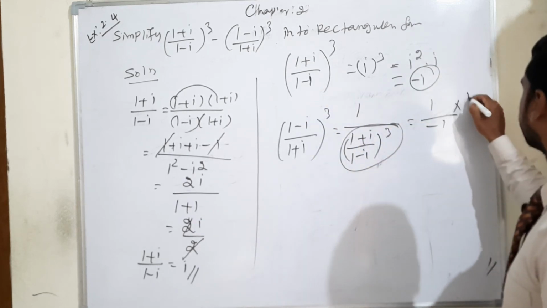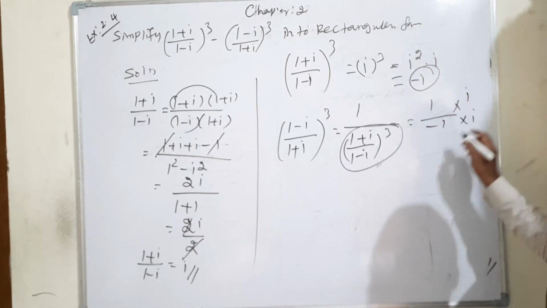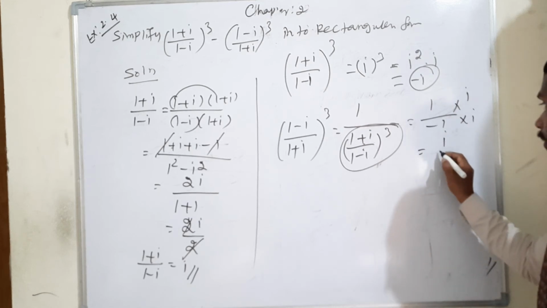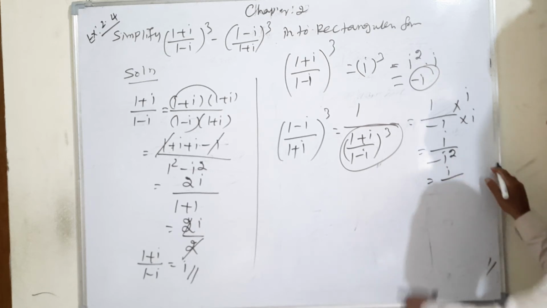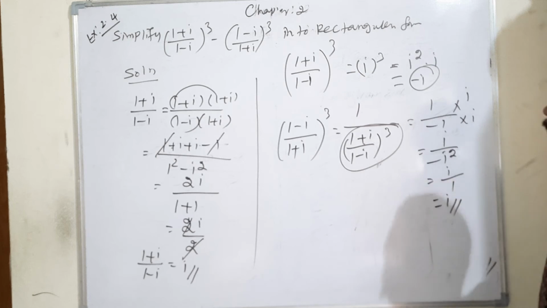Then conjugate means both the sides multiply with positive i. Here also into i. So 1 into i, minus i into i means minus i square. So i divided by i square means minus 1. Already we have common minus, therefore positive 1. Therefore here also answer will be positive i.